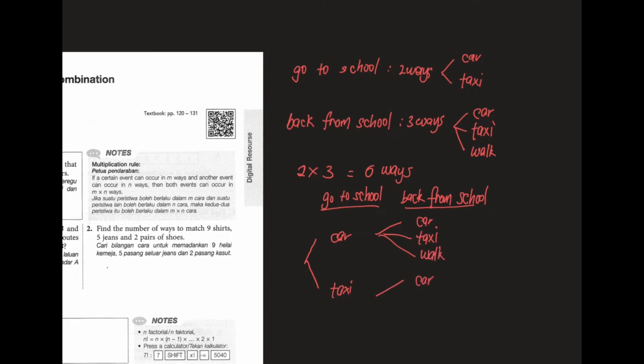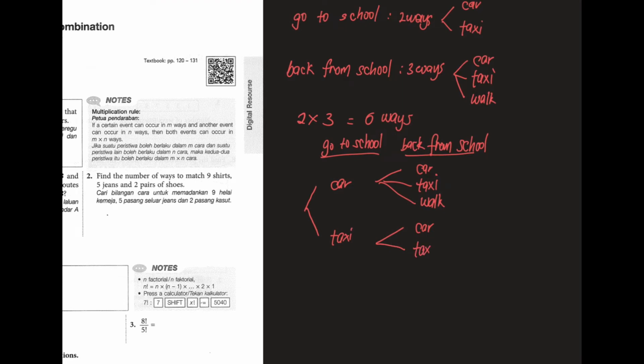From here you can see 6 ways. The first way is go to school by car, go back from school by car. Car, taxi, second way. Car, walk, the third way. Taxi, car, the fourth. Taxi, taxi, the fifth. Taxi, walk, the sixth. So altogether 6 ways. That is why the multiplication rule works in that way.